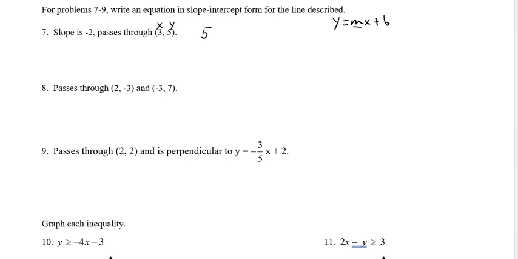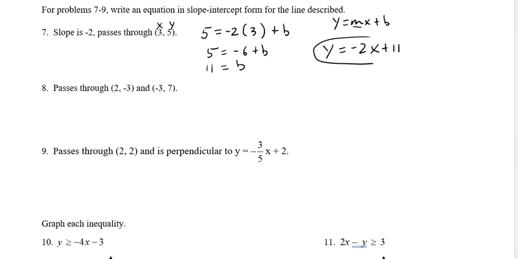So y equals mx plus b, solve for b. When I add 6 to both sides, I get b is 11. So my final answer is y equals -2x plus 11.